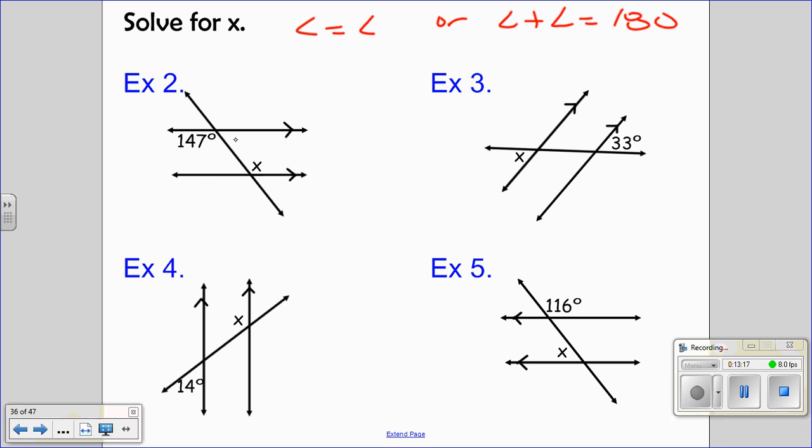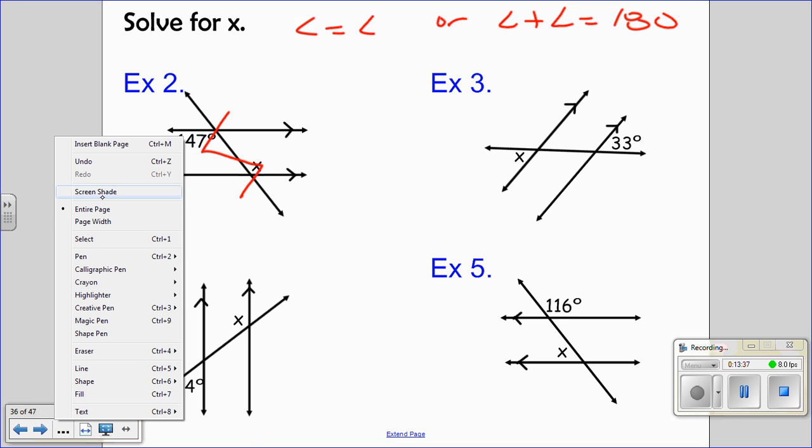So let's see. On example 2, let's use the zigzag since we don't have shading right now. Starting from the top right corner, I would zig to 147, zag to x, zig. So notice they're on the same trail, so that means they are congruent.